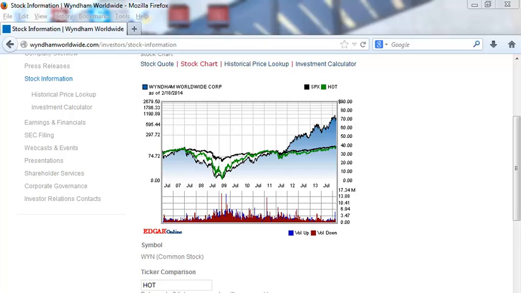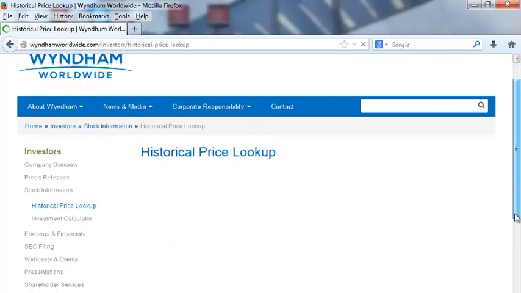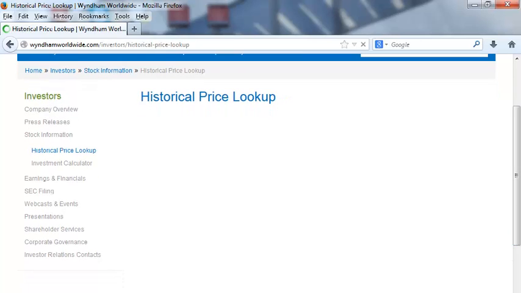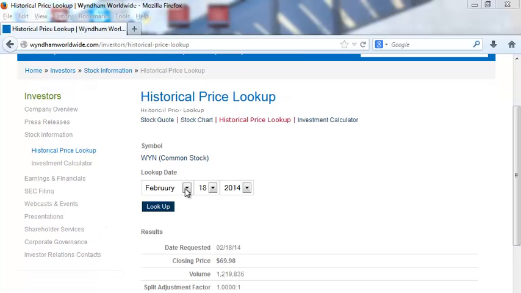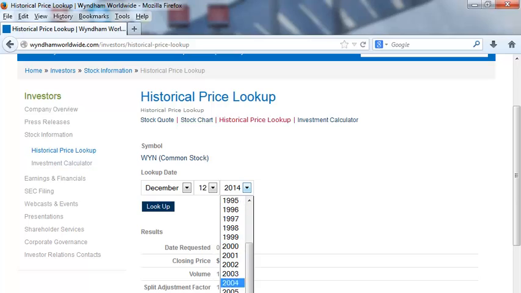You can also look up the price of the stock as of a particular date in the historical price lookup function. For example, let's use December 12th, 2013.